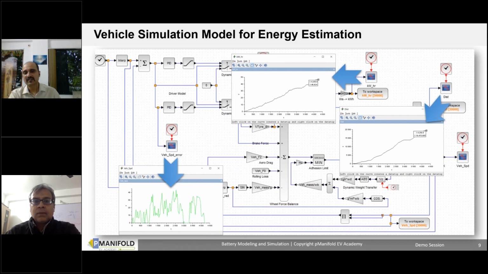Some of the energy calculations are done from wheel up to the driver or up to the battery. They are called backward calculating models. However, they are not so useful when you want to study driver to driver differences, because there is nothing called vehicle speed error in that.